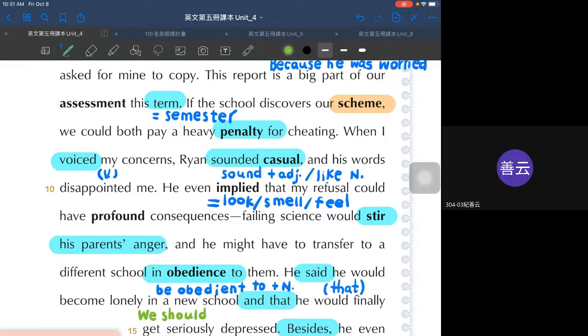So you can say, we should obey the rules, or we should be obedient to the rules. Okay. So you can also say we should be in obedience to the rules, all right, using the phrase here. So be obedient to simply means obey, or you try to follow something.